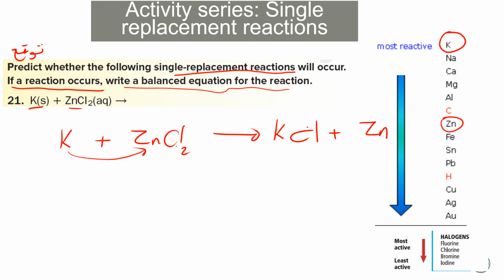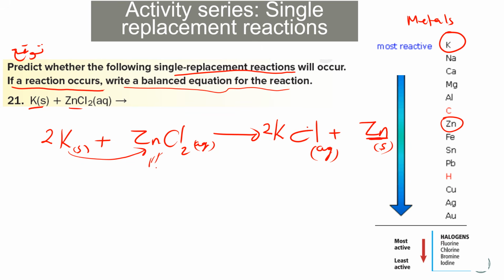Let's balance the equation. You have 2Cl here, so put 2 here. Now you have 2K, so put 2 here. Solid, AQ, and solid. Okay. المعادن تكون solid لأنه Zn is a metal. These are metals. Okay.